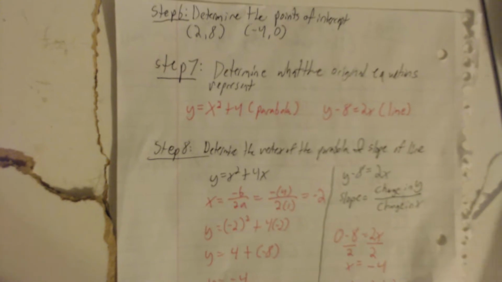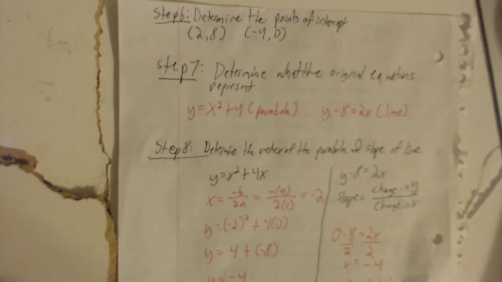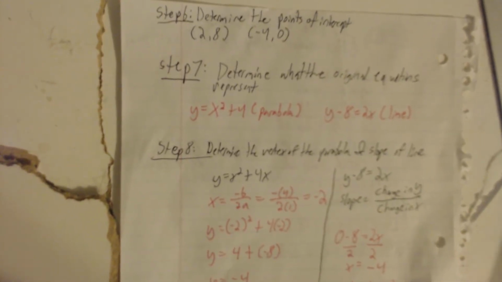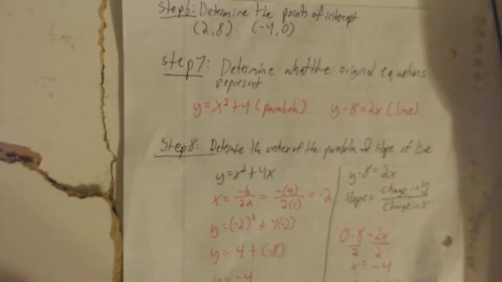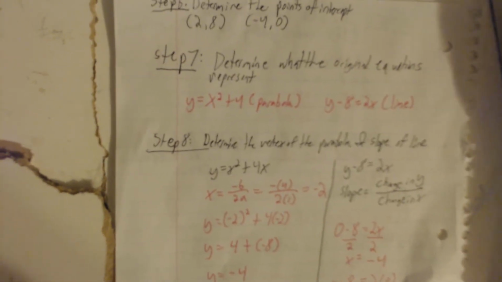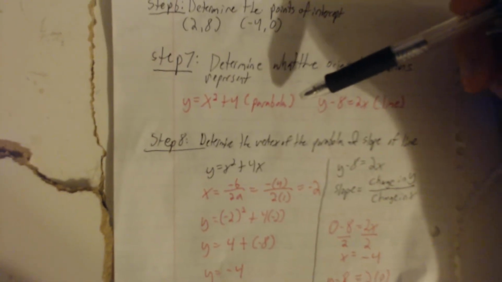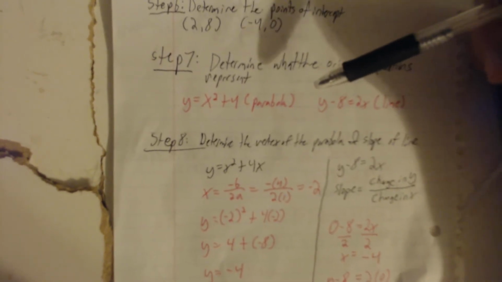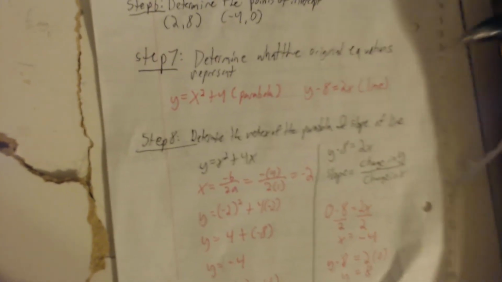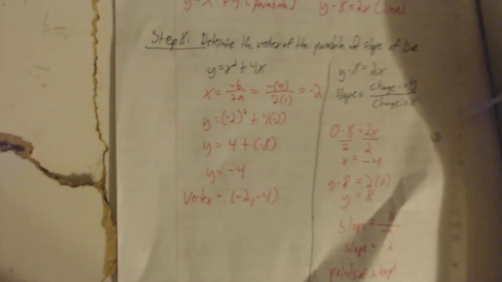Now you want to know what you're working with and have enough of an idea to grasp it. So we can see here that one is a parabola and one is a line, right? So that gives us a mental image in our head of what we need to work with.